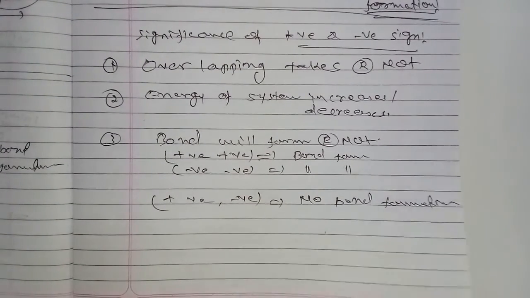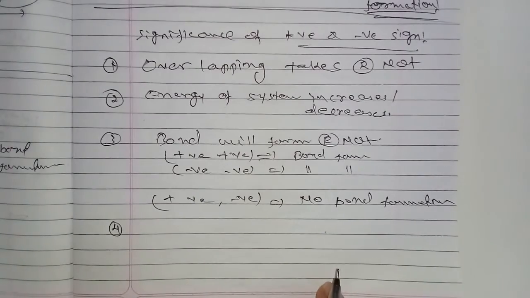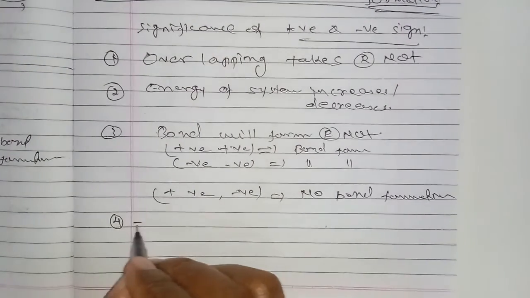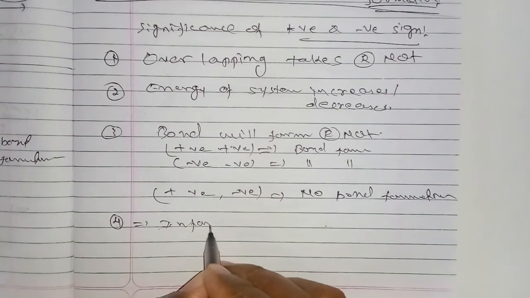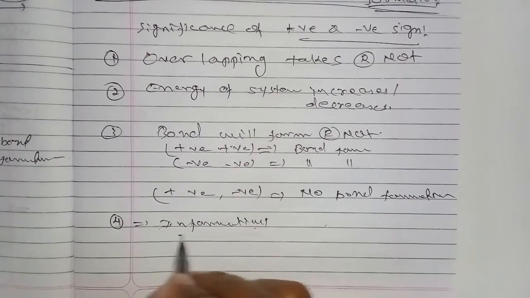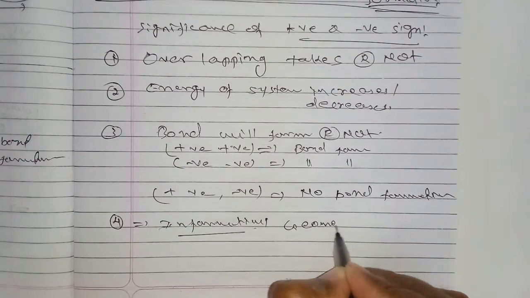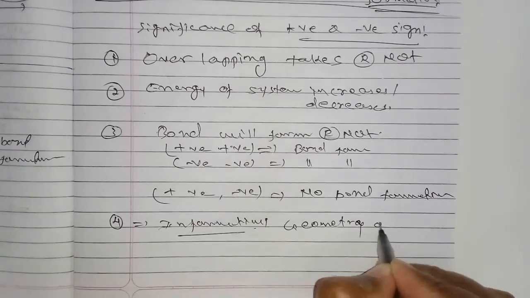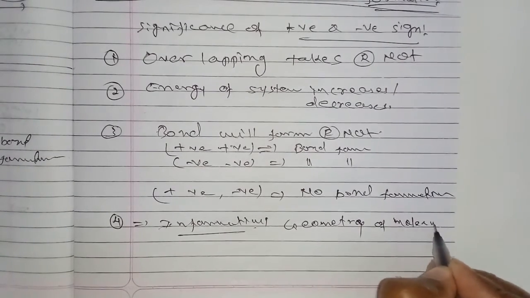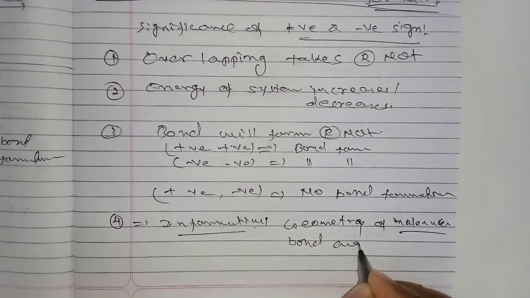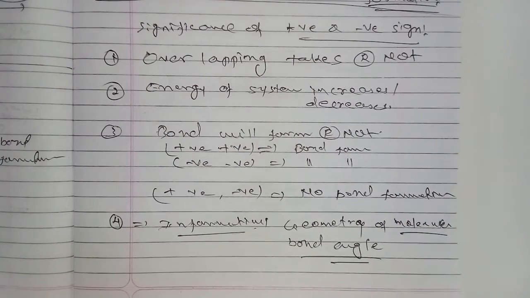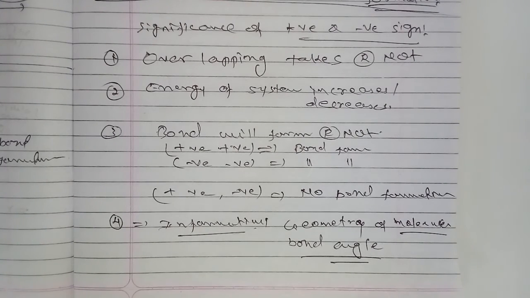And the fourth is the information about the geometry of the molecule and the bond angle formed in the molecule. So this is the concept of overlapping of orbitals.